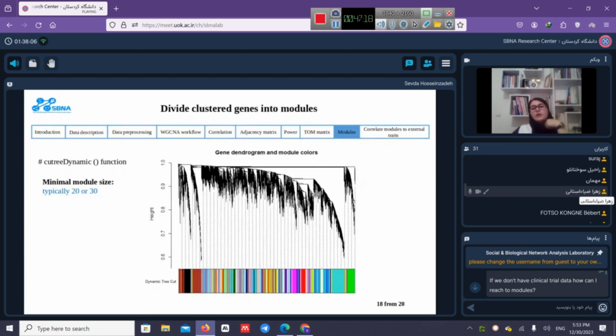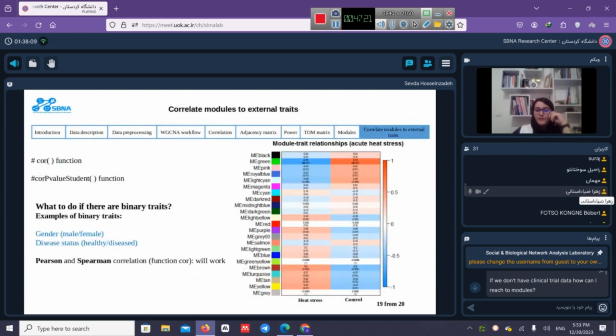And in this example I use the binary form of the data, because we had 2 groups: some chickens were under the heat stress condition and some were in the control condition, and we could get the association or correlation between these conditions and these modules. For example, in this study we could get nearly 23 modules, and I want to know which of these 23 modules have significant connectivity or association with our trait.